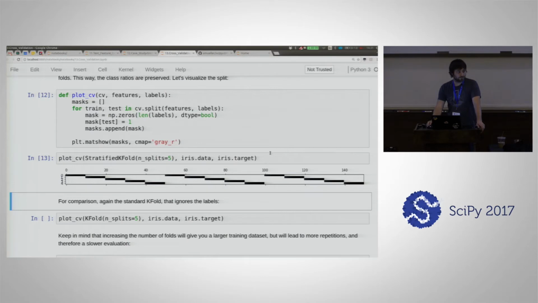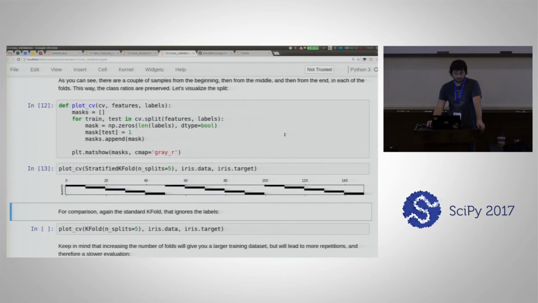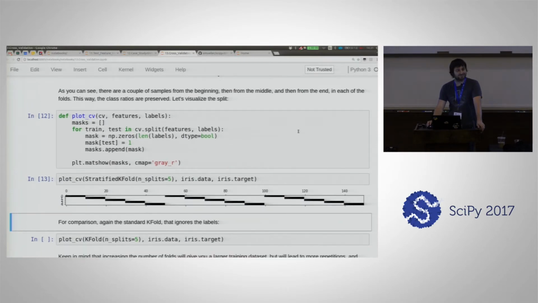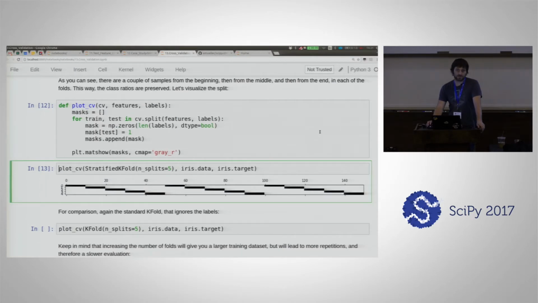Yeah? How do you cope with the problem of getting 3 different models? So each of the folds gives you a different model. The goal of cross-validation is to tell you, for a given model with a given set of hyperparameters, how good it does on a given data set. It gives you k different accuracy values, which you can aggregate, but you don't get a model out of it.